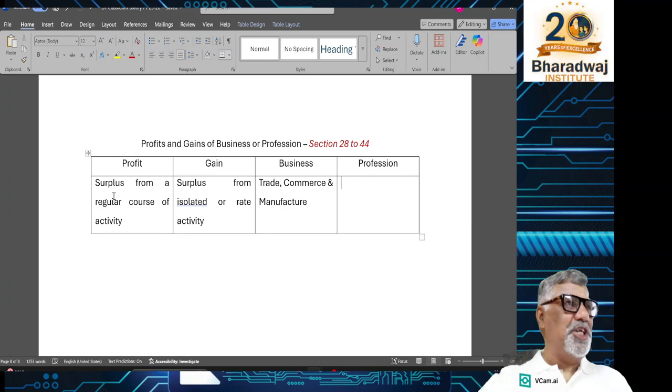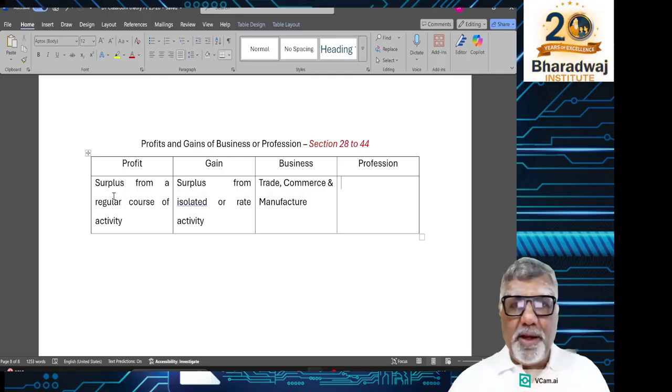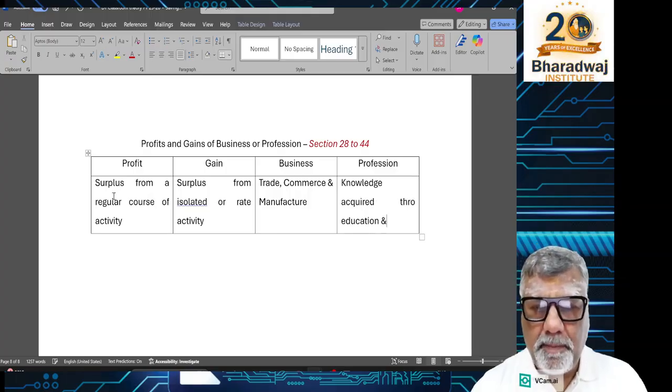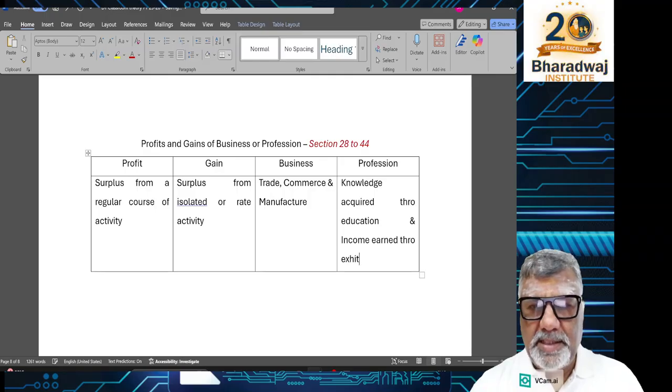Singers, musicians, artists, actors all come under profession, apart from whatever is the knowledge acquired through education and income earned through exhibition of skill.